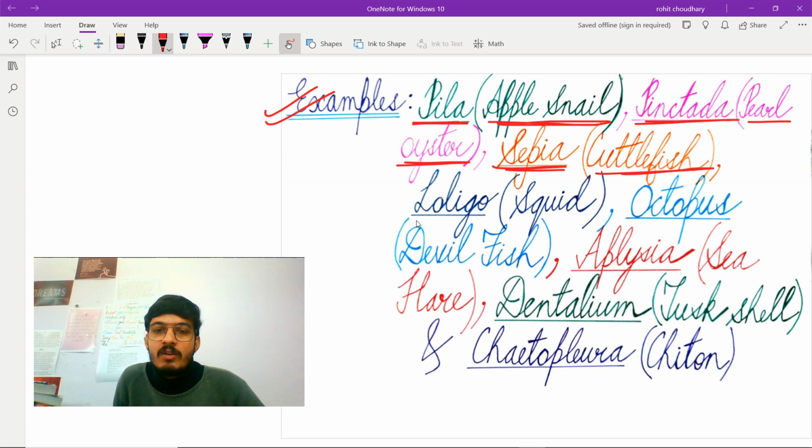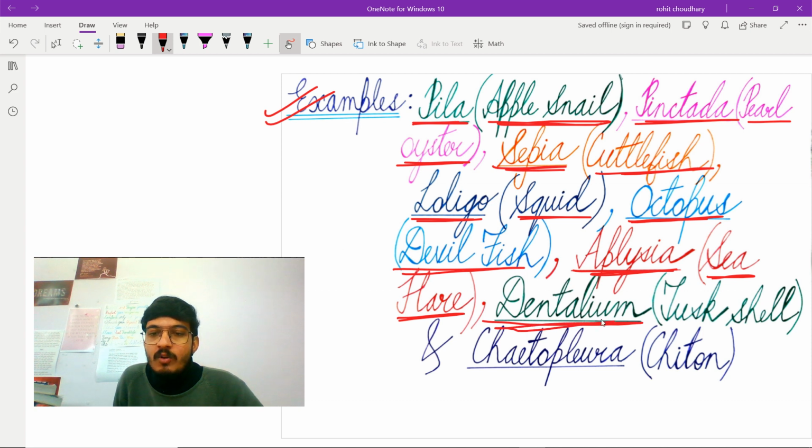The next one is Loligo, commonly known as squid. The next is octopus, commonly known as devilfish. The next one is Aplysia, commonly known as sea hare. The next one is Dentalium, commonly known as tusk shell. And the last one is Chetoplura, commonly known as chiton.